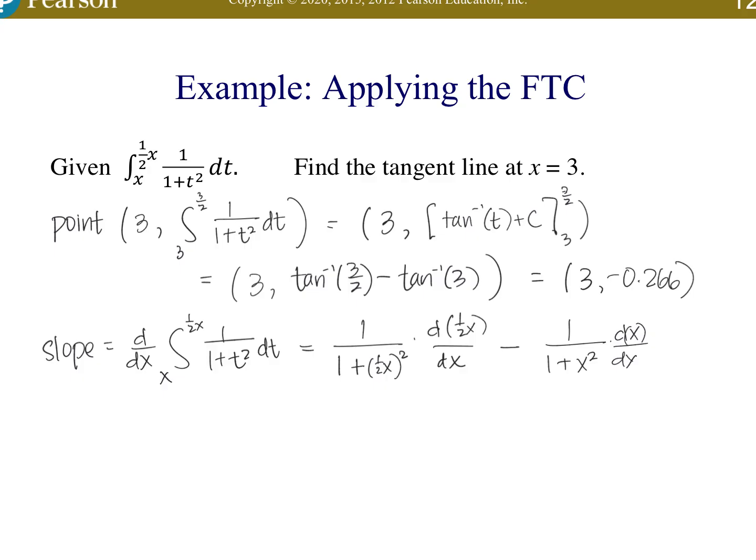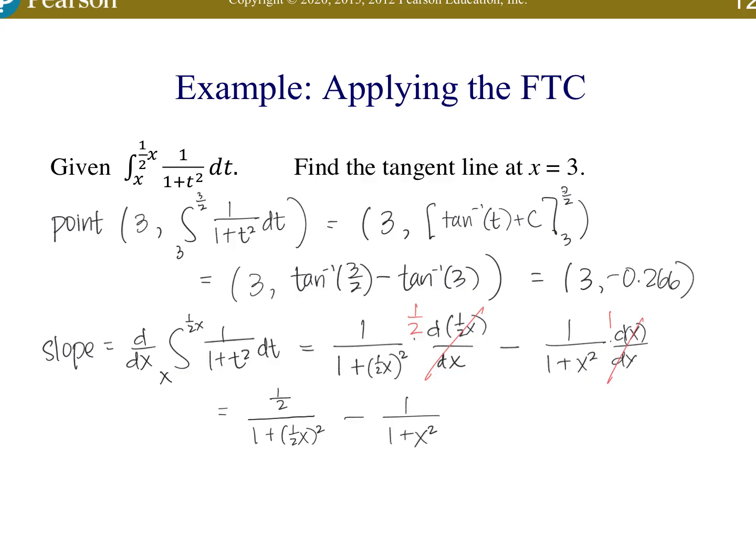So for the first derivative, chain rule, I know that's half. And for the second derivative, I know that's 1. So altogether, I'm looking at a slope that is 1/2 over 1 plus half x quantity squared minus 1 over 1 plus x squared.